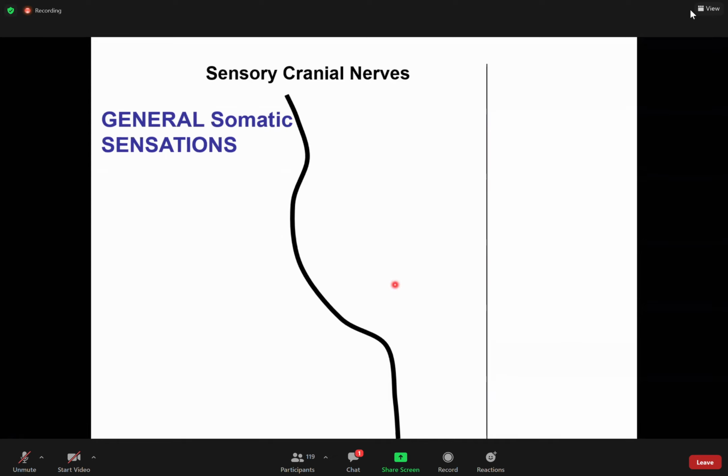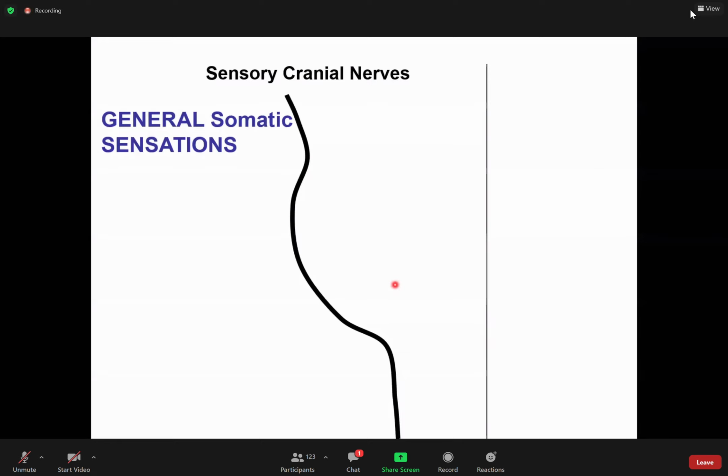As you know, in any of these sensory pathways, you have three orders of neurons. The cell bodies of the first order neurons usually lie outside the central nervous system. Like in the spinal cord, we have the dorsal root ganglia, which have the pseudo-unipolar neurons, and they were lying outside the central nervous system.